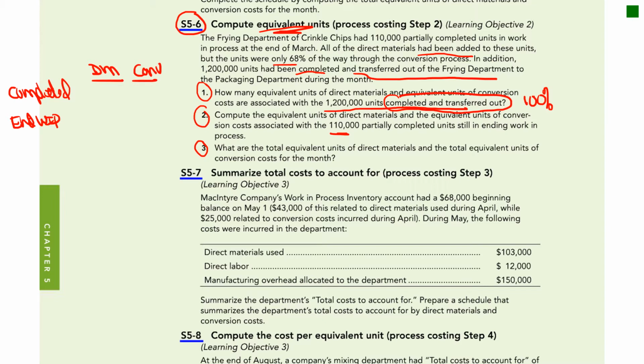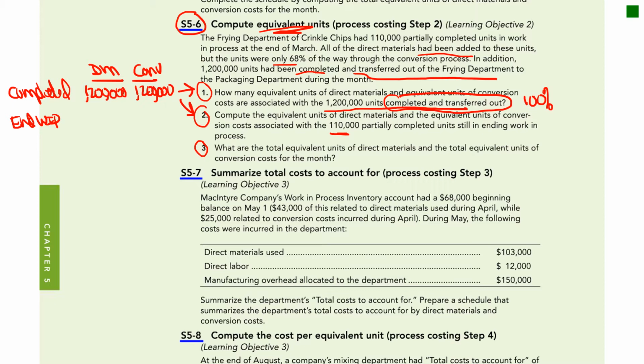What I always do is anything completed, I know that's 100%. So if it's 1,200,000 units, I know that for both direct materials and for conversion, those numbers will always be the same. That's going to be 100%. So the answer to part one is 1,200,000. It's 100% complete.